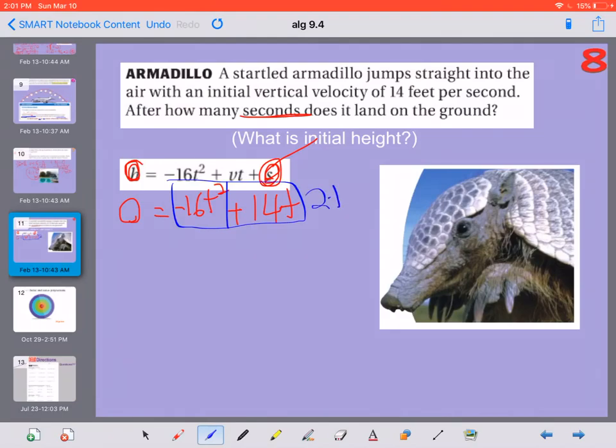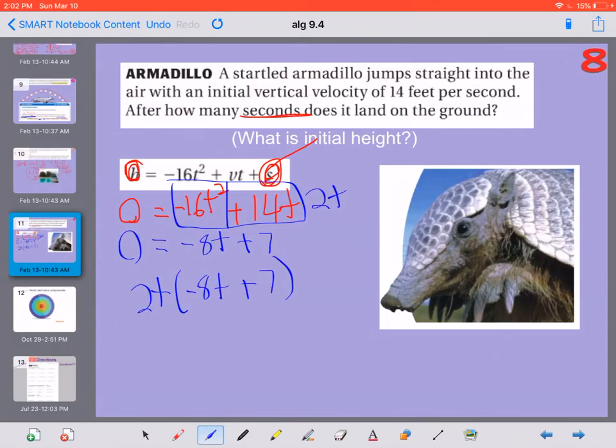I also can take out a t from both of them. If I take 2 away from negative 16, I get negative 8, and then I know I need another t. Here I got 7t, and both of those equal 0. Not t, 7t, because we already have the t with the 2. So we would have 2t times negative 8t plus 7.